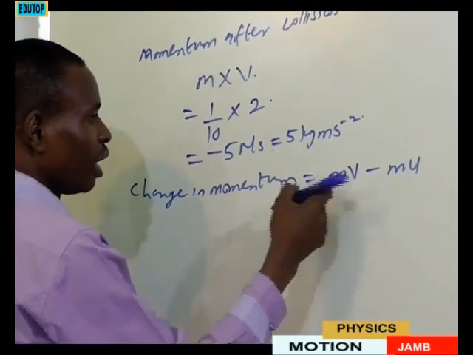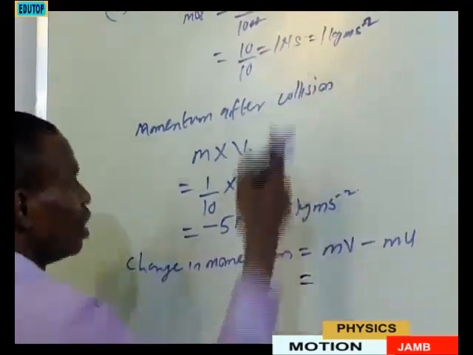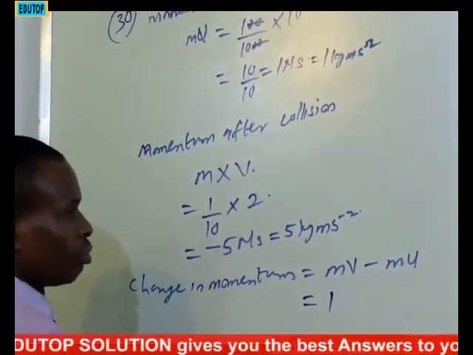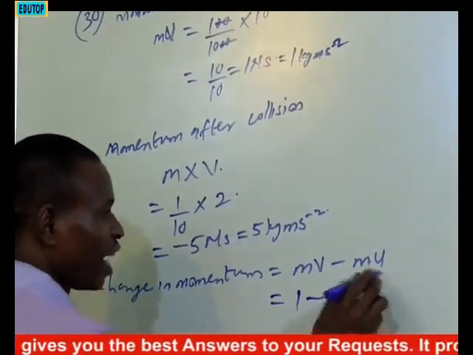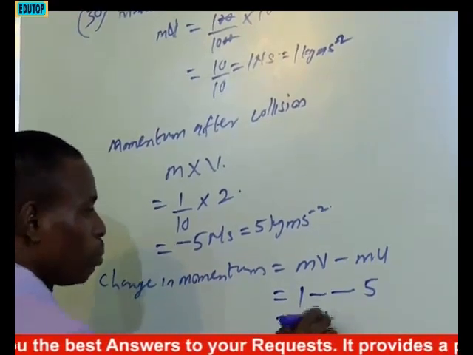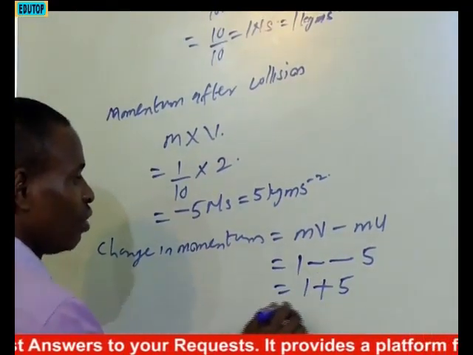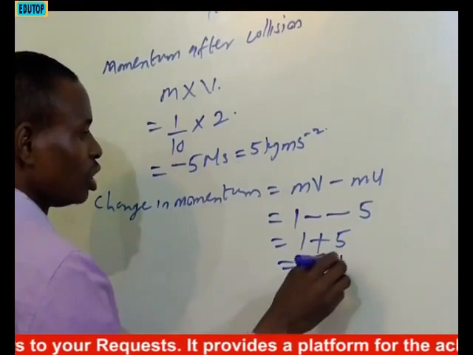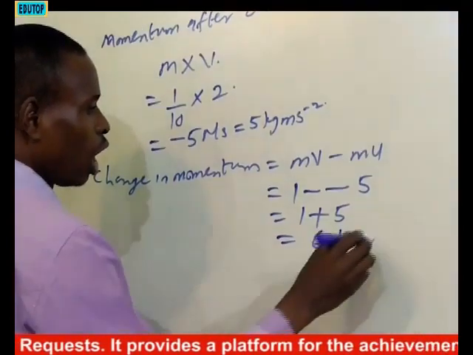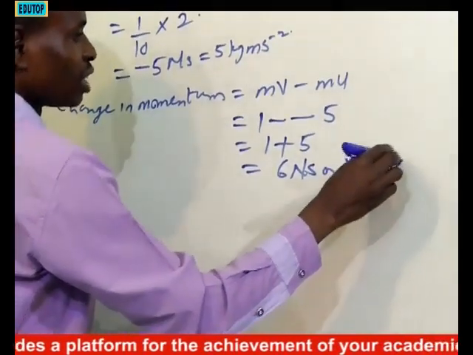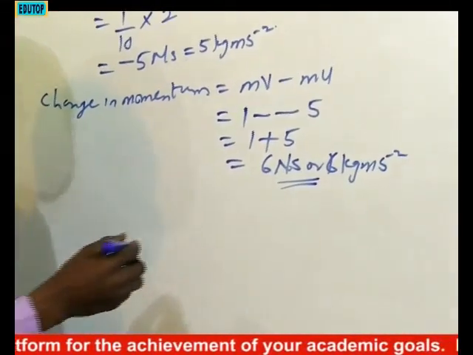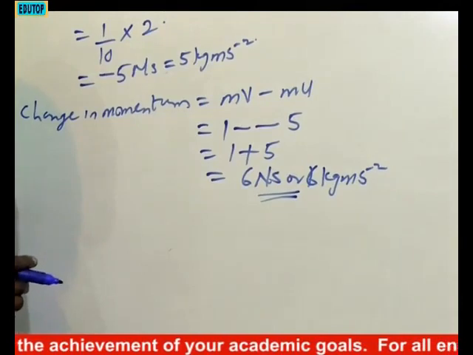This is going to be, for mv is 1 minus minus 0.2, which is going to be 1 plus 0.2. Everything is equal to 1.2 Newton seconds, or 1.2 kilogram meter per second. That is the change in momentum.